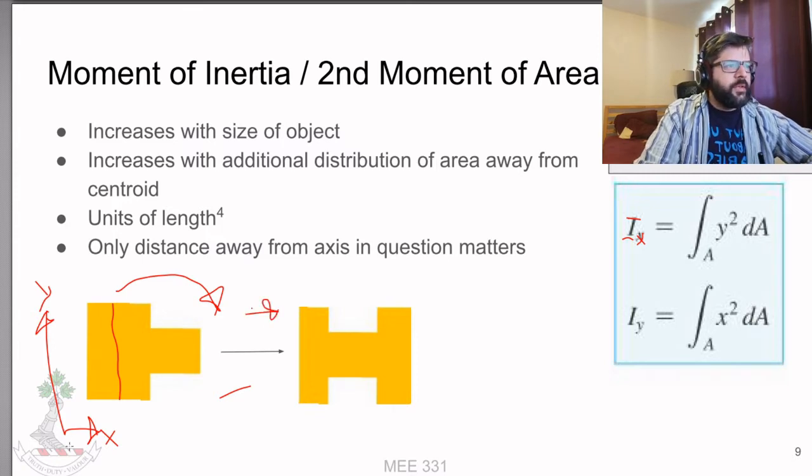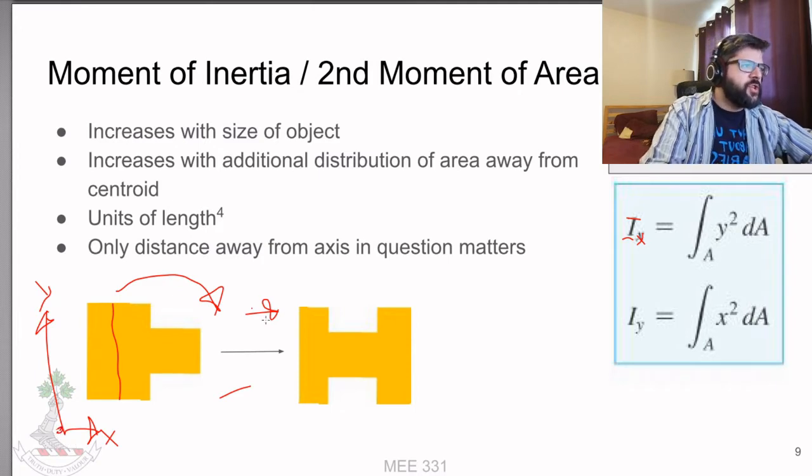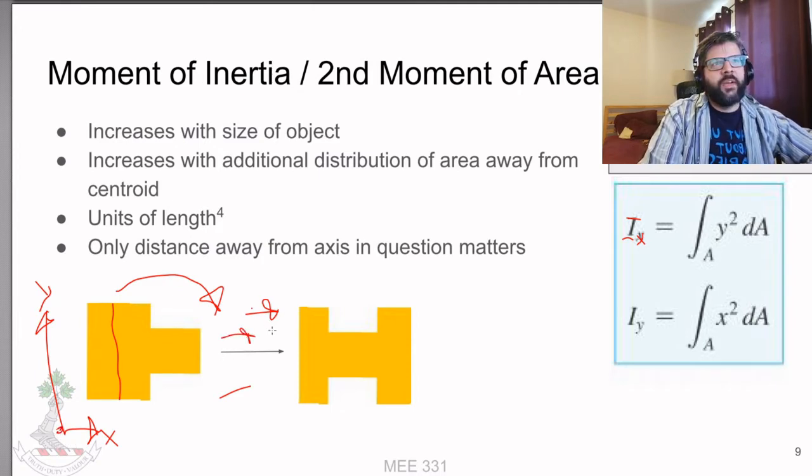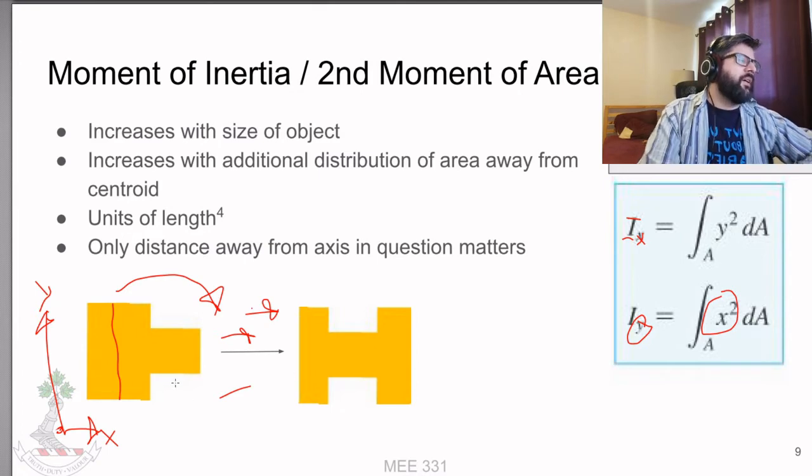Even if we use the same reference system, even if our zero was still over here, shifting the same object to the side does not change your Ix. It would change your Iy, obviously, because there we're worried about x squared dA.